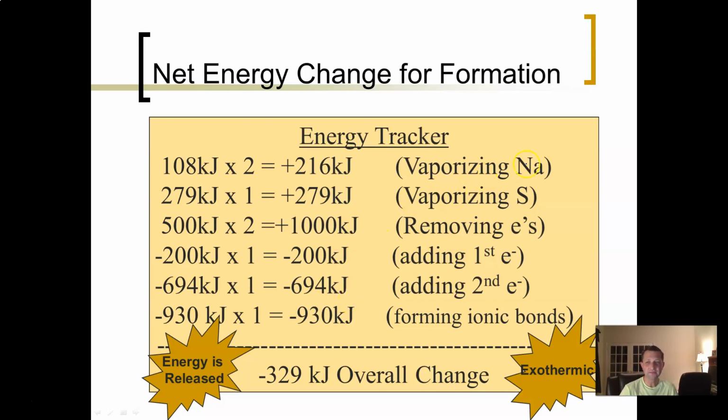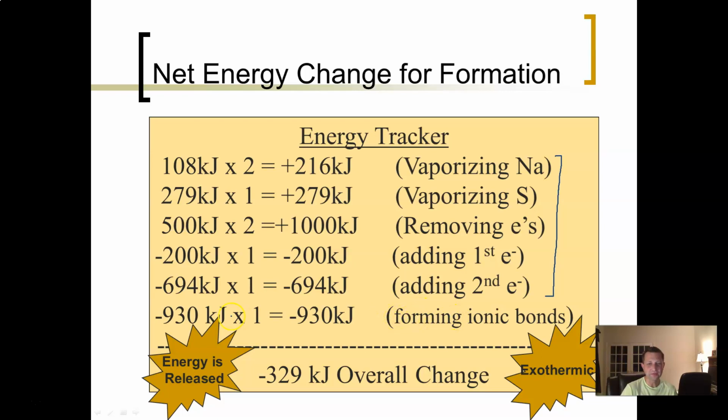You're usually given everything you need in steps 1 through 4. Sometimes you are given the overall change, which is the energy of formation. That's why you have to know your vocab here, okay? Sometimes you are given the lattice energy. You're usually going to have to find lattice energy if you're given the overall, or you're going to have to find the overall, the energy of formation, if you're given the lattice.